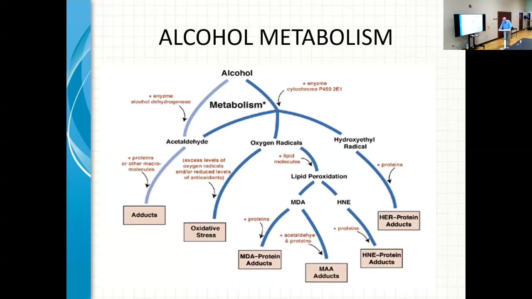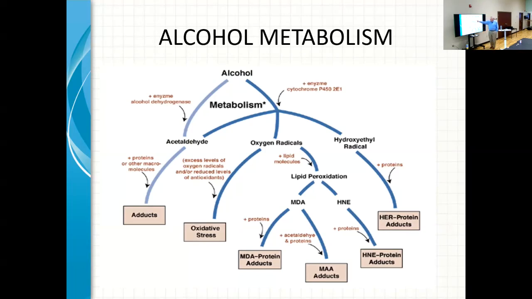So everywhere you see a branch, it's where the body is breaking this down, and you wind up with byproducts. Alcohol dehydrogenase, that's here, is one of the main enzymes that breaks down alcohol.